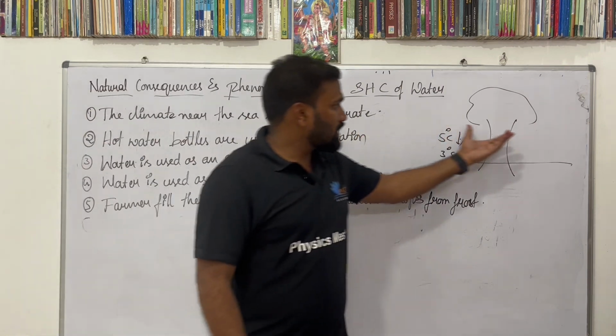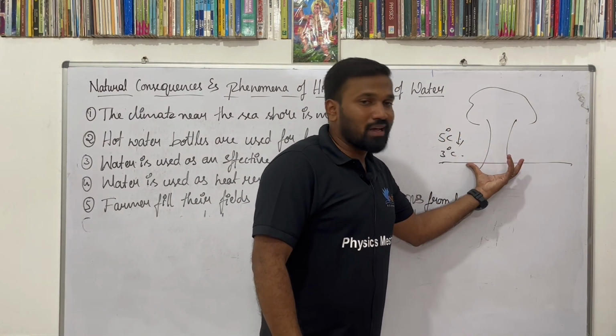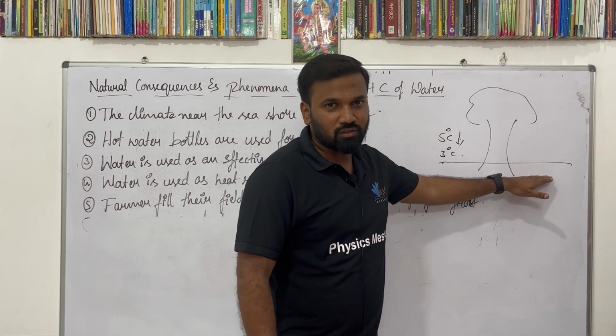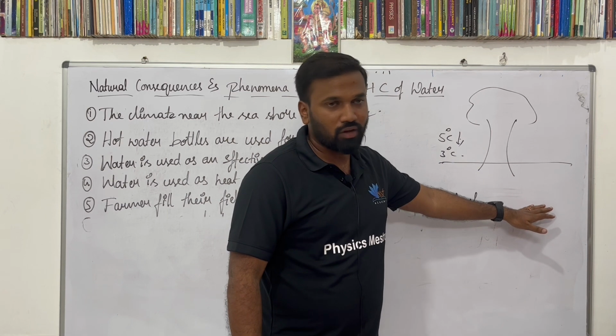When the atmospheric temperature decreases, the earth's temperature, the ground temperature, also decreases. Why?